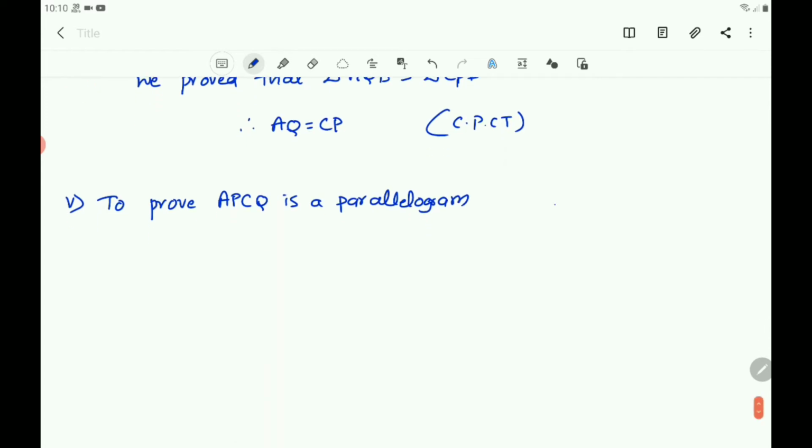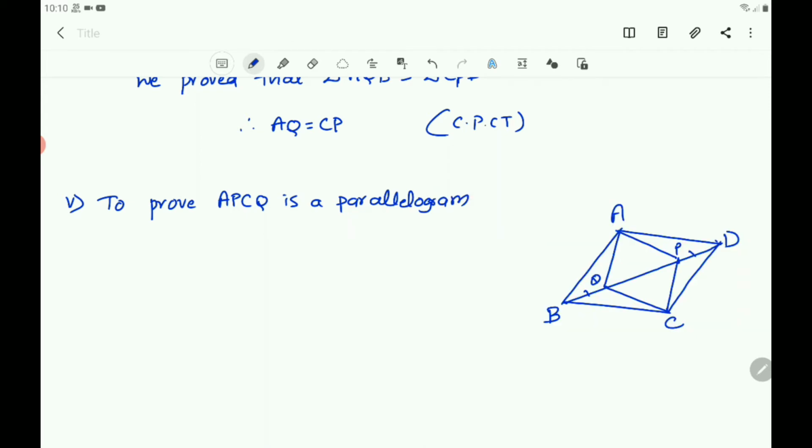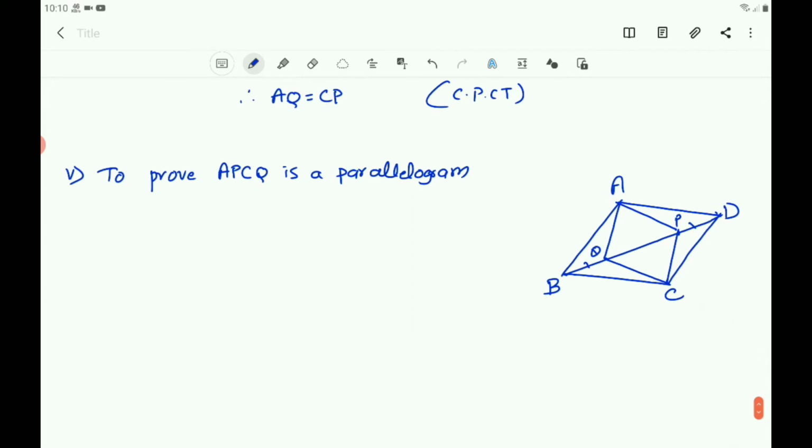Once again we have the same figure here. APCQ is a quadrilateral. We have to prove that it is a parallelogram, and you know that if opposite sides are equal and parallel, then it becomes a parallelogram.